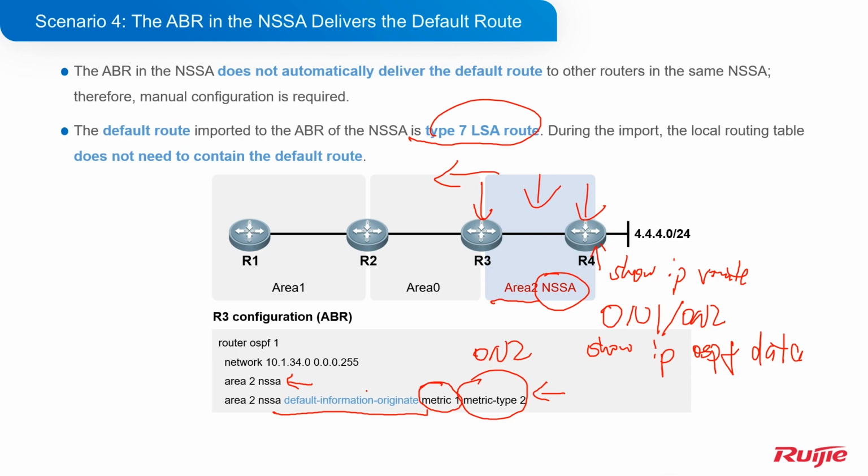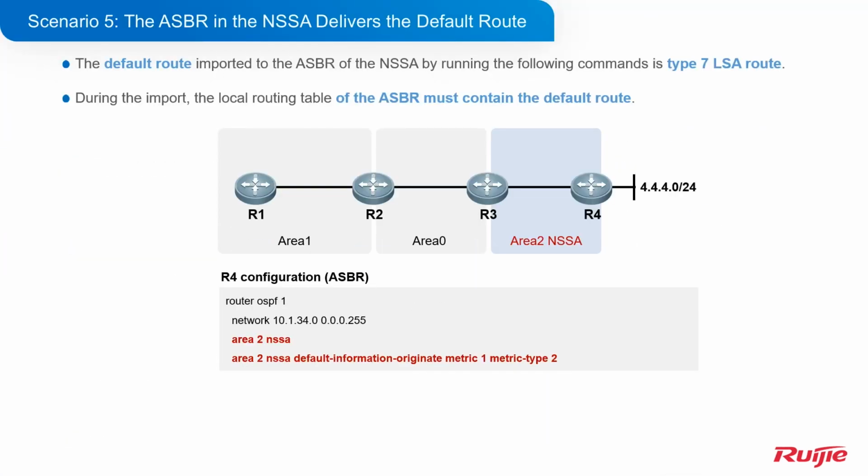Okay, so for the next page, scenario 5 is the ASBR in the NSSA delivers the default route. We know we have already learned how to deliver the default route on the ABR, right? R3 is the ABR device for the NSSA area.